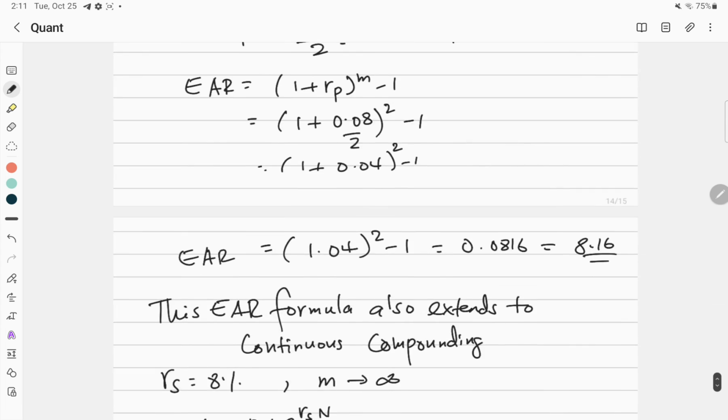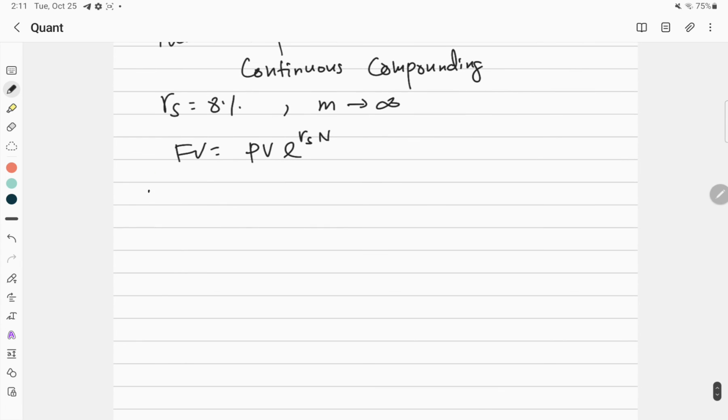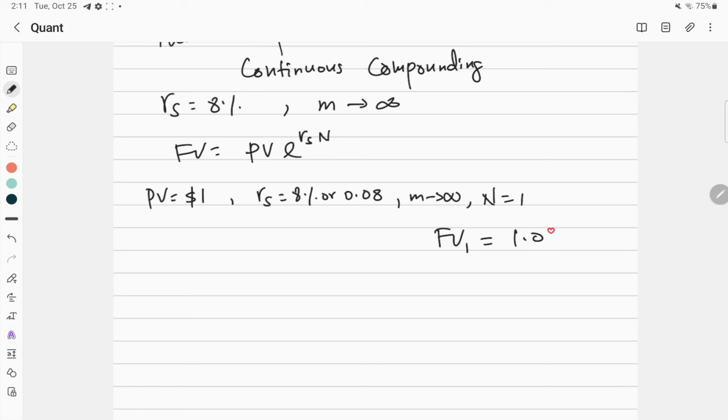So for an initial investment of $1 and a stated annual interest rate of 8% or 0.08, where M approaches infinity, which is continuous compounding, and n is equal to 1, the future value of this dollar at the end of the year is about $1.0833. All right.